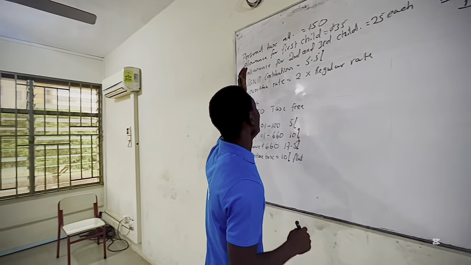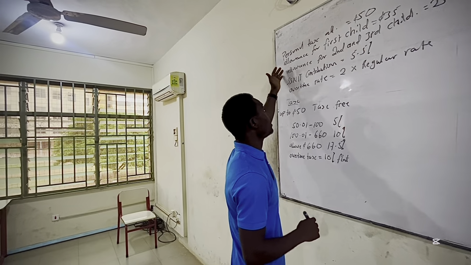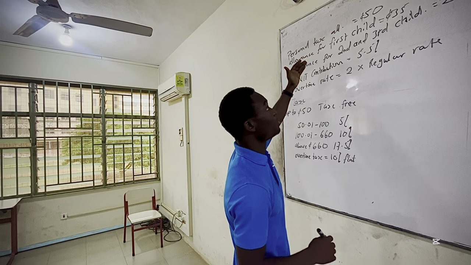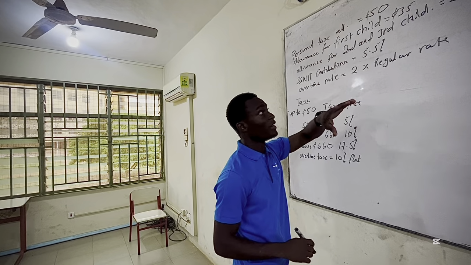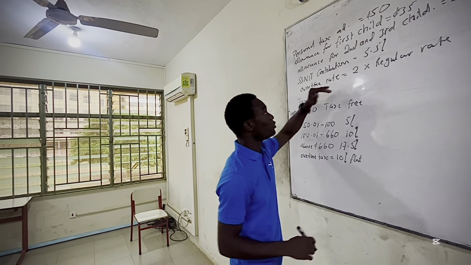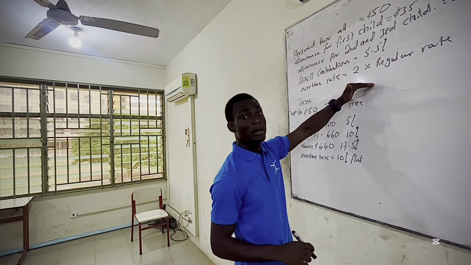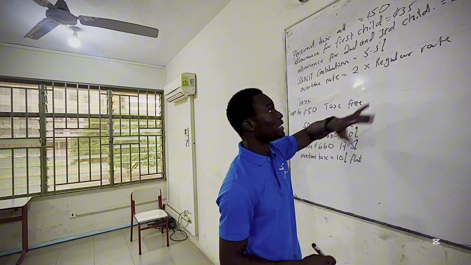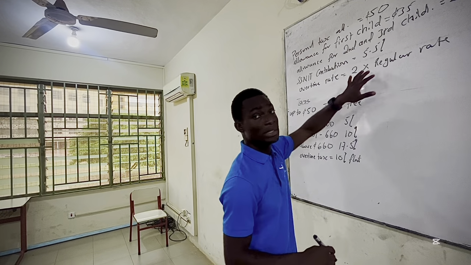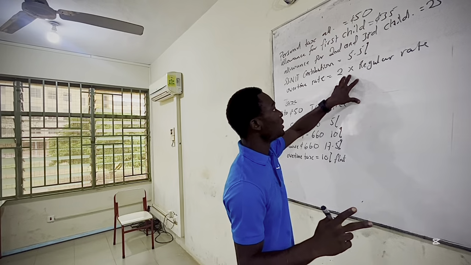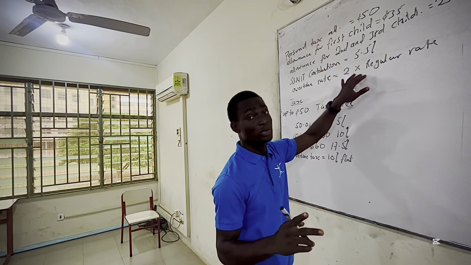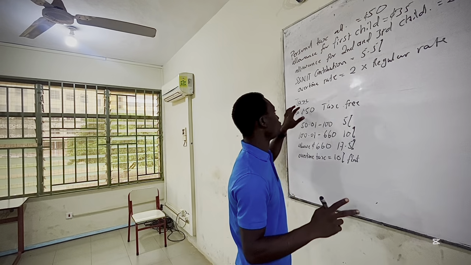We have a tax allowance for the first child of 35 cedis, allowance for the second and third child of 25 cedis each, SNIT contribution 5.5, and the overtime rate is 2 times the regular rate. So if the person is taking 20 cedis per hour, then the overtime rate is going to be 20 times 2.